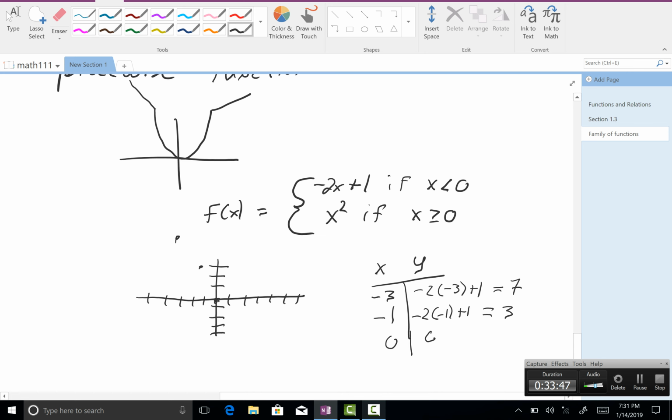So this function, this -2x plus 1, comes down to here, almost to 1, and then it's open right there. Because as soon as x hits 0, it jumps down here. So that's kind of an open dot right there.